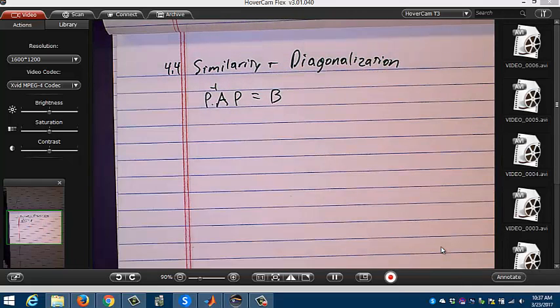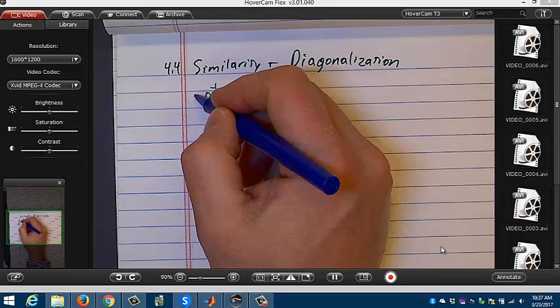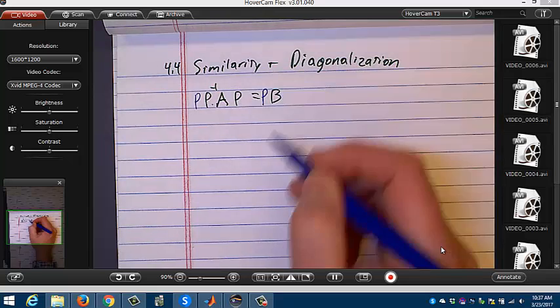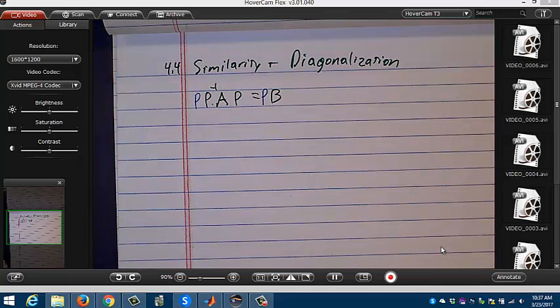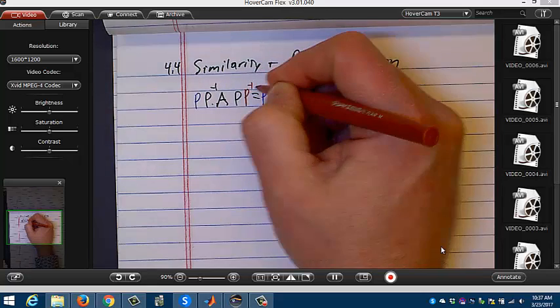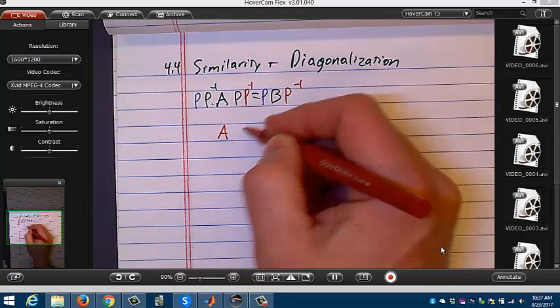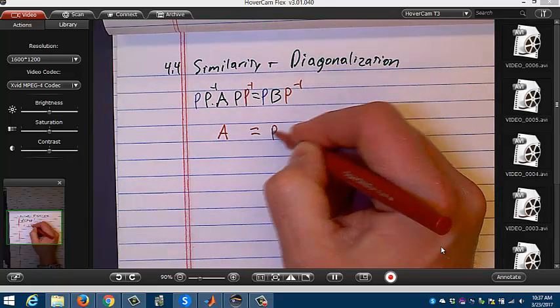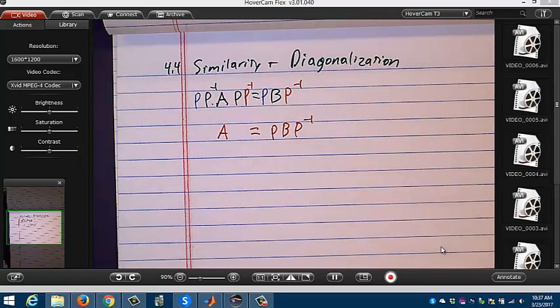I guess what I pointed out already to Tyler is that if you multiply on the left by P, and then multiply on the right by P inverse, then you get A is equal to P B P inverse. So you can put these things back and forth.